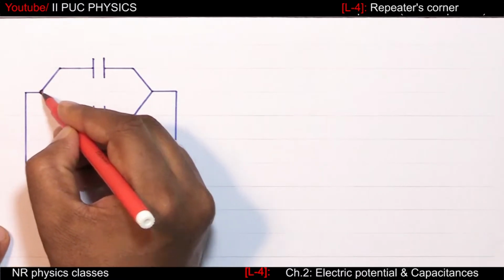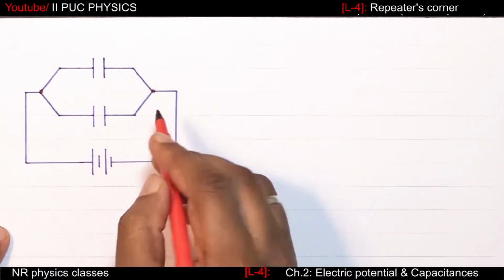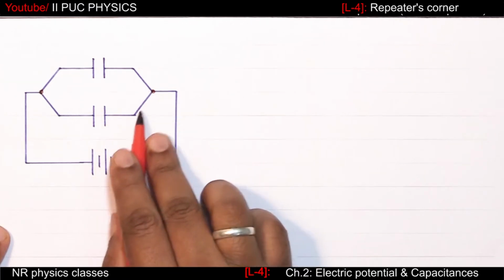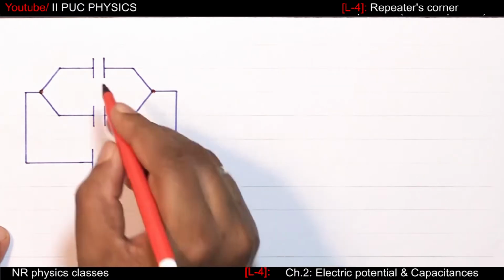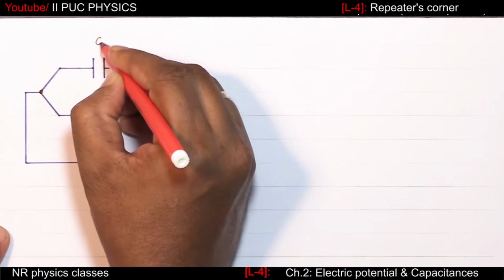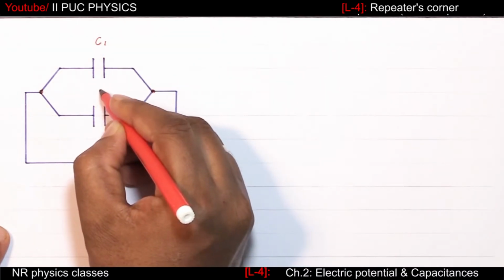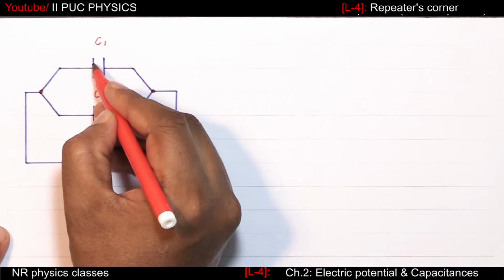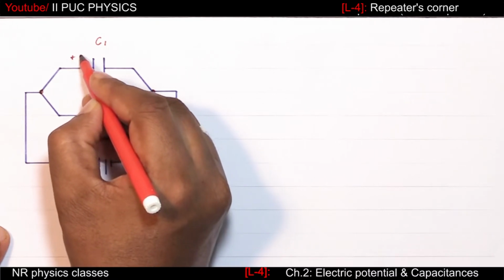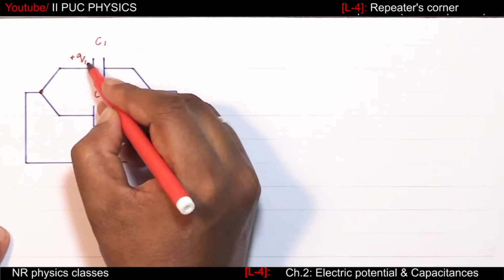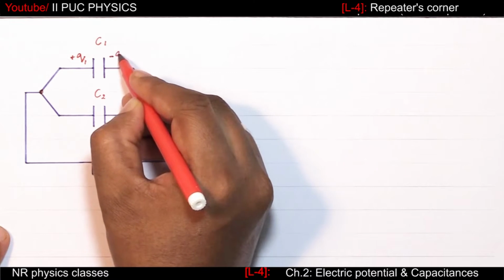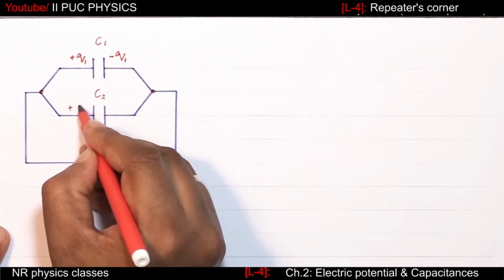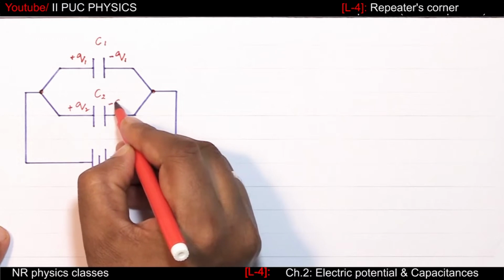These two are the nodes. Node means it is a point in the circuit where two or more conductors meet. This is C1, capacitance of second capacitor C2, charge on this plate plus Q1, charge on the other plate is minus Q1, in this case plus Q2 and minus Q2.